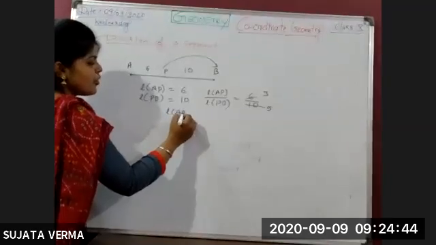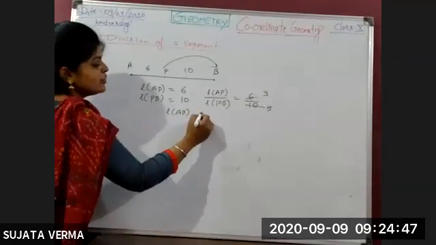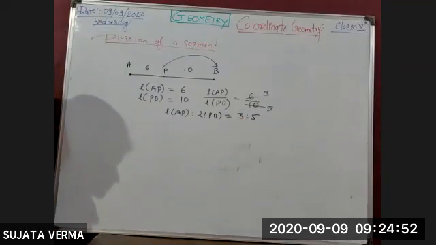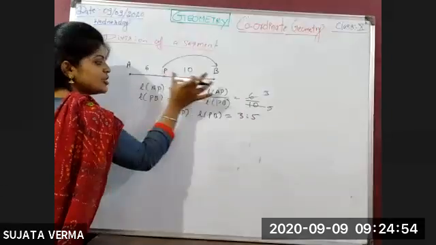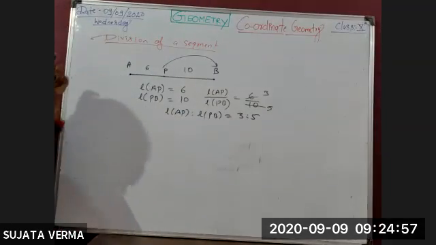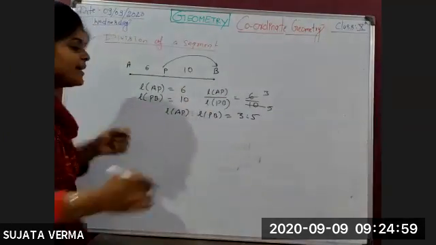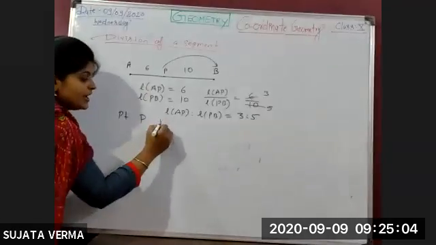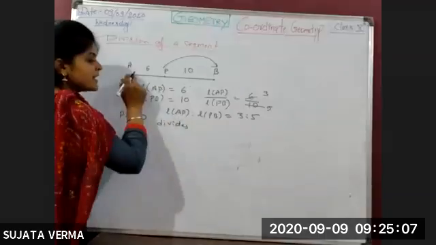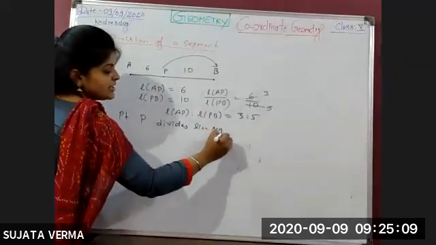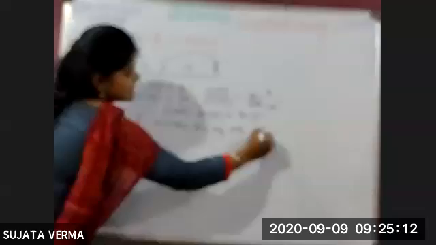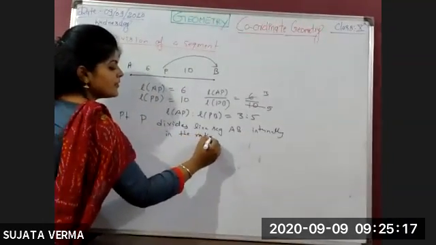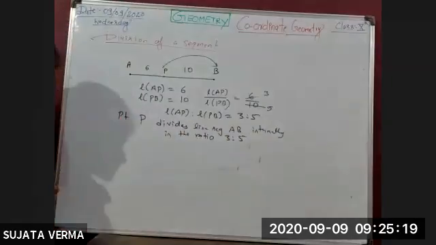The ratio of length of AP to length of BP is equal to how much? 3 is to 5. Okay. When we take the ratio, then we get 3 is to 5. In this condition, we say this point P divides line segment AB internally in the ratio 3 is to 5.